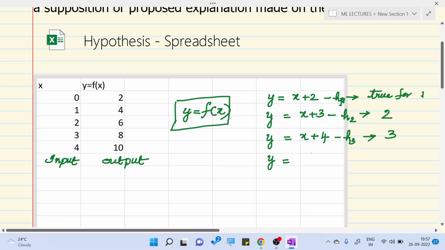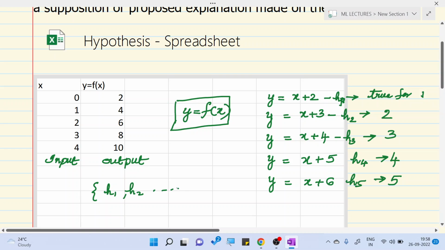For the next example, I may propose x plus 5. That is only true for the fourth example. And another hypothesis is x plus 6, which is h5, which is true only for 5. So this h1, h2, h3, h4 up to h5 is a set of hypotheses indicated by capital H.